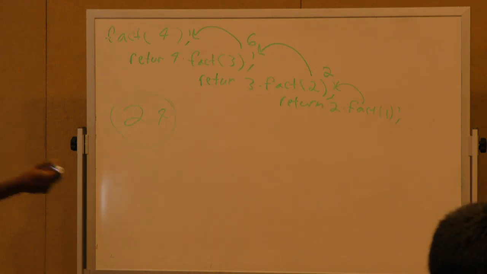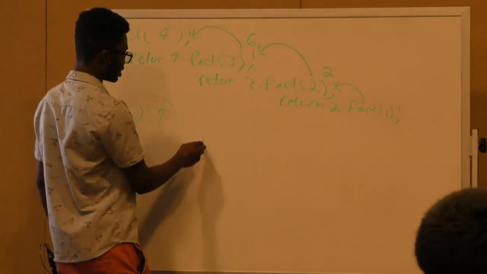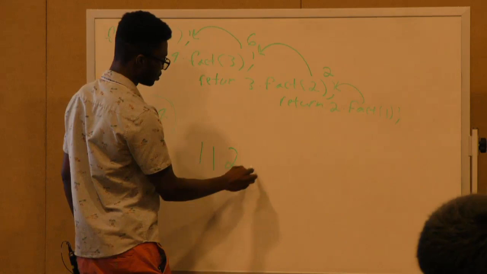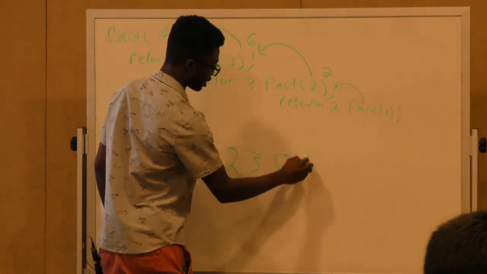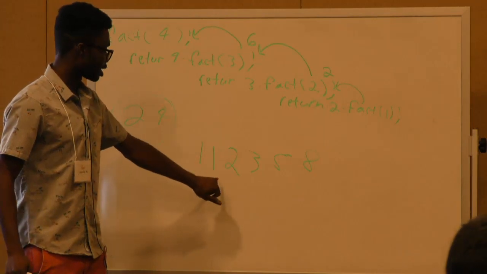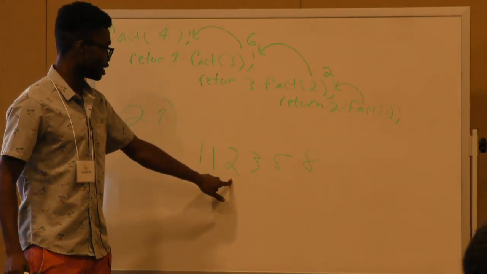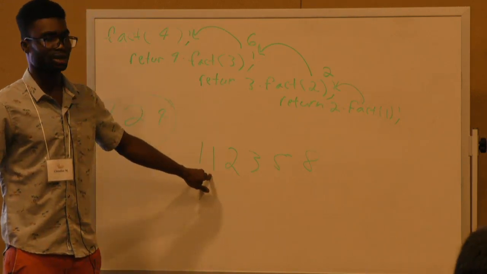To refresh, Fibonacci is a sequence of numbers that goes a little something like this: 1, 1, 2, 3, 5, 8. The way it's defined is, at least after the second number, the third number is the sum of the previous 2 numbers.